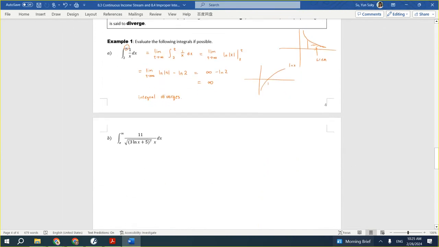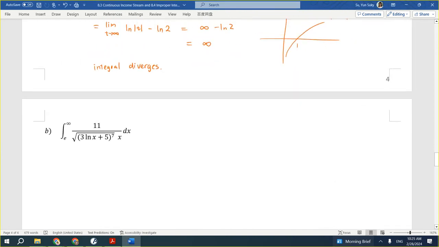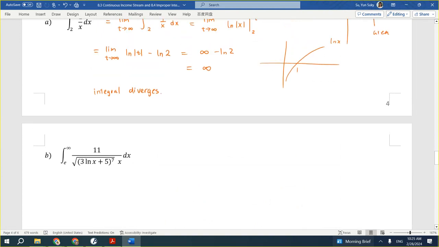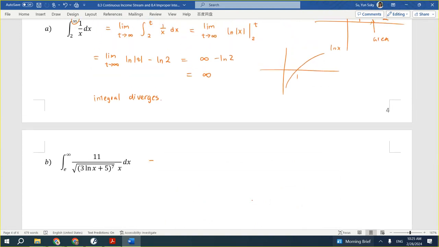All good. All right, let's increase difficulties. Let's look at this one. Let's rewrite it as y, and it's 11. Can I pull out the 11 in front? Yeah, and then I have 1 over, look at this.